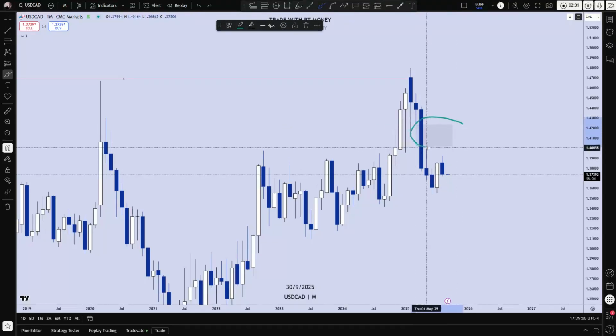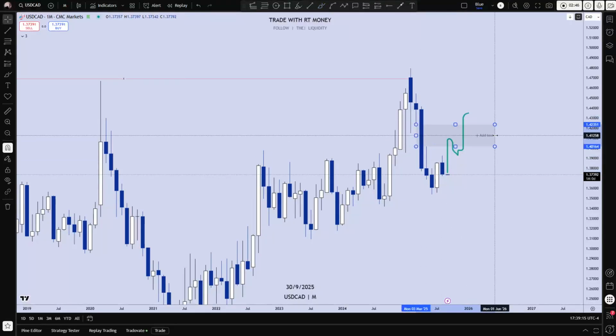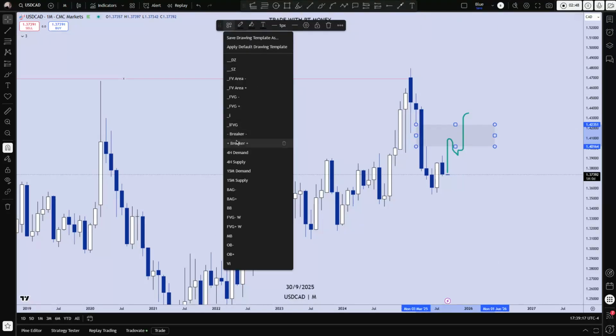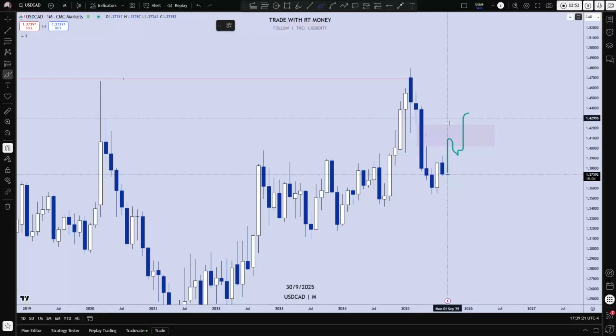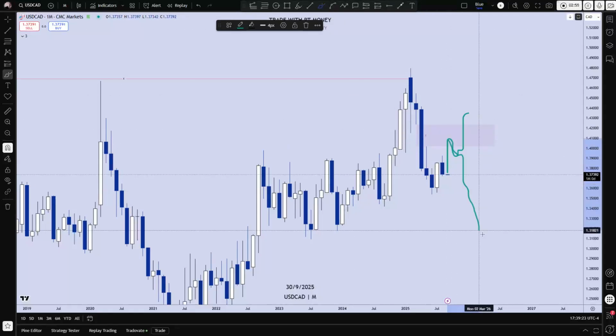Now, if price comes back up to the same fair value gap and respects it, you see the rejection, but it doesn't go very far and then continues past it, then we start to look for an inverted fair value gap, in which price, instead of it being resistance, acts as support.